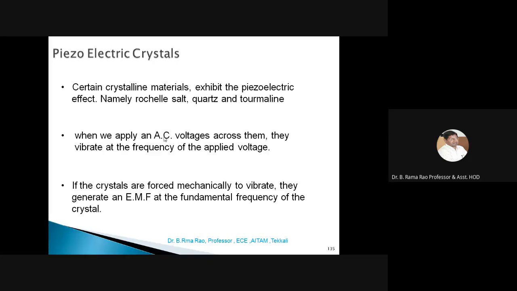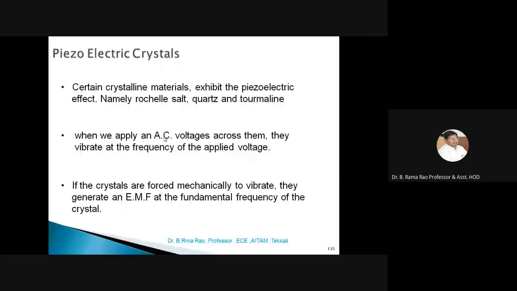If the crystals are forced mechanically to vibrate, how are we going to force them? By applying an external AC voltage. When forced mechanically, they generate an EMF.